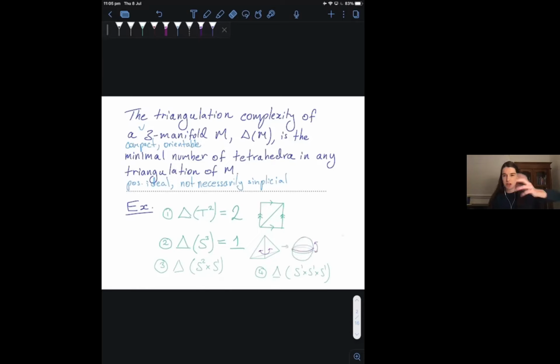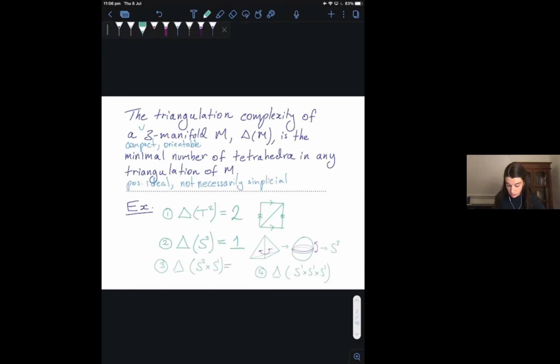And then it turns out that if you think about all the possible things you can do with one tetrahedron, you get 2 more lens spaces, and that's it. So a couple more numbers that we get: for S2 times S1, we get 2, because we can exhaustively check that we can't do it with 1 and we can do it with 2.